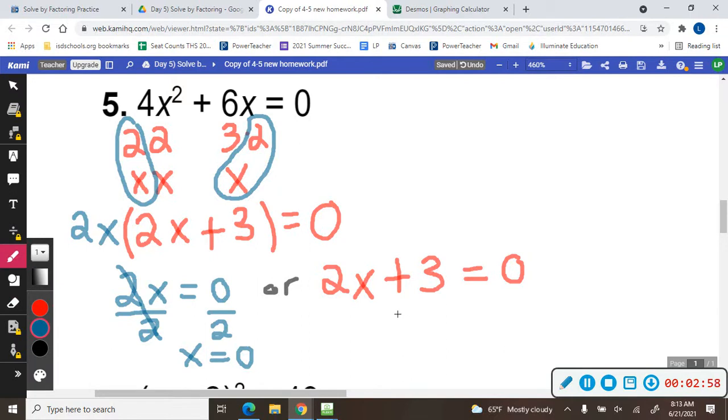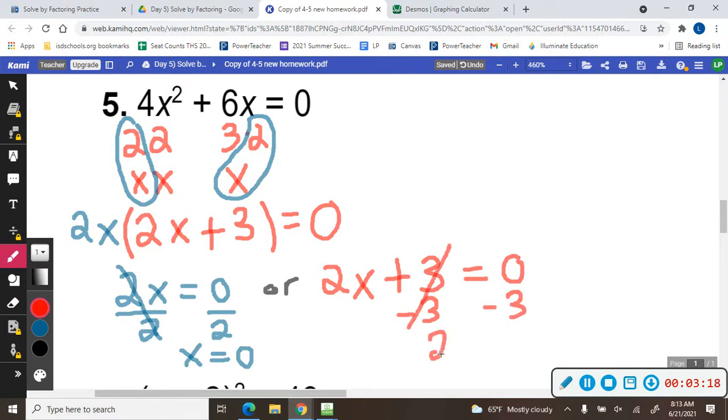Now over here, 2x plus 3 equals 0. I would take away 3 from both sides. Those go away.